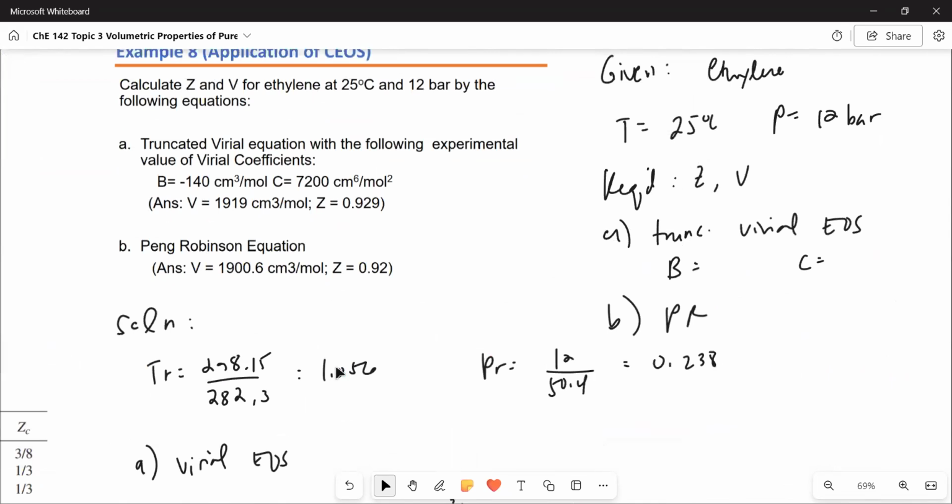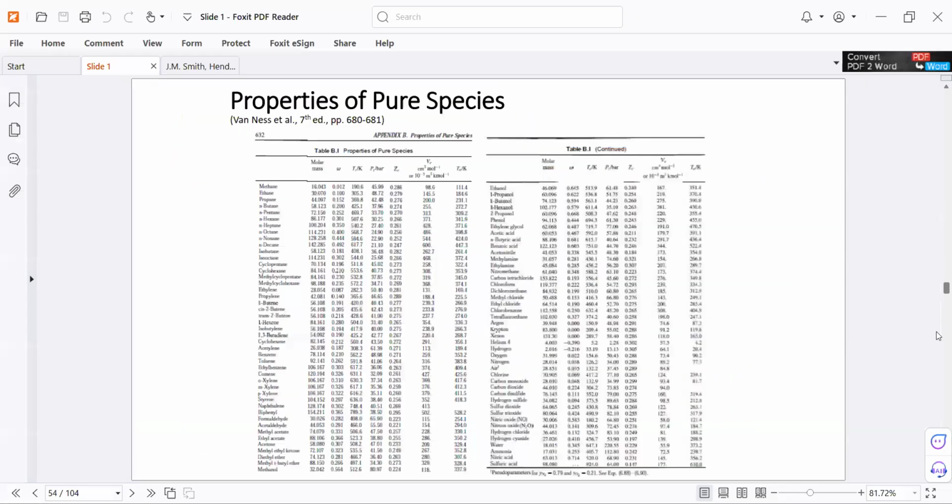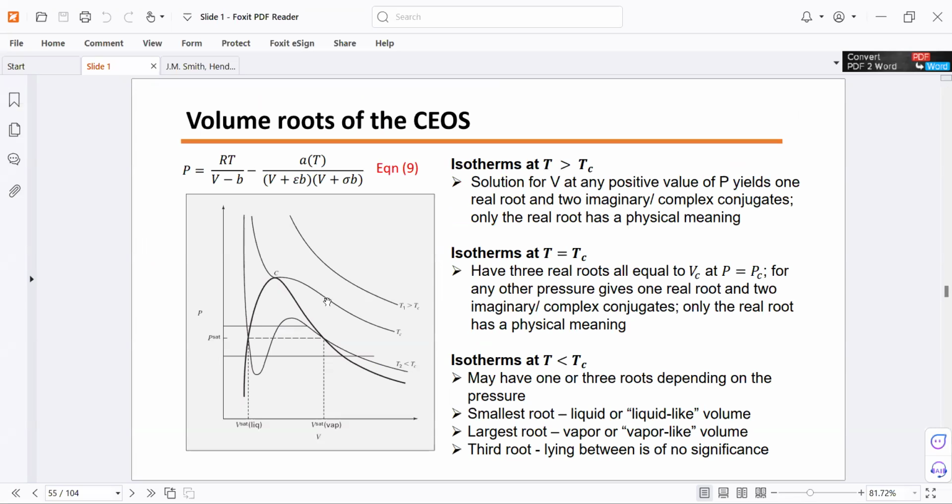Okay, so the given temperature is greater than the critical temperature. Going back to our figure right here, let me find that critical temperature. The given temperature is greater than the critical temperature, so it's here. Obviously, it's going to be vapor.